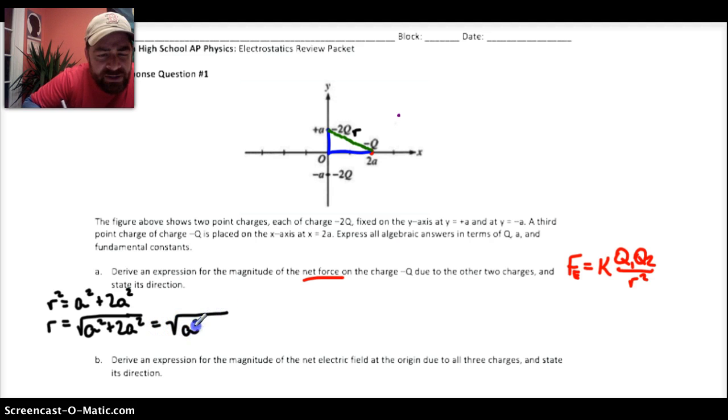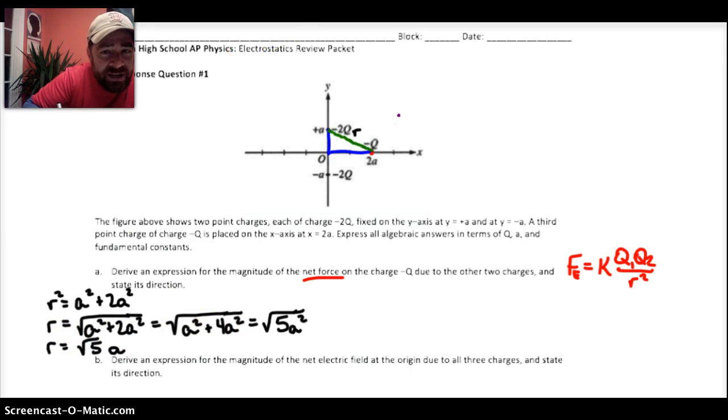And so I get a squared plus 4 times a squared, or, of course, the square root of 5 times a squared. Finally, I'll separate that into the square root of 5 times the square root of a squared. And so finally, my expression for that distance r is going to be root 5 times a.